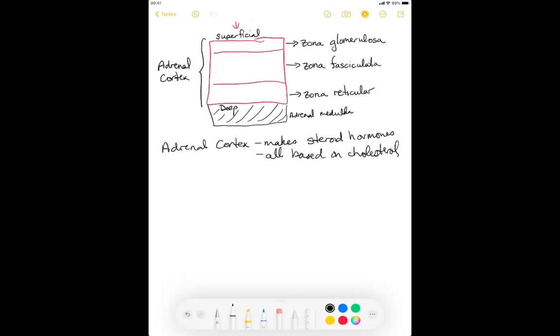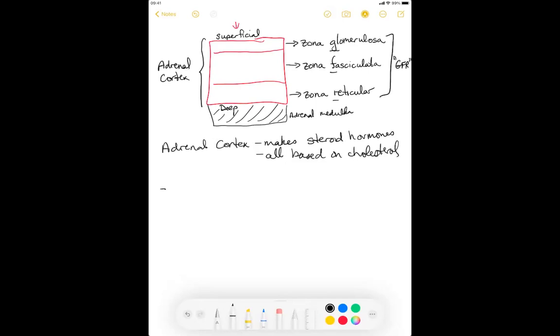One thing before we start: the way that you can remember the layers from superficial to deep is to remember the acronym GFR, like glomerular filtration rate. That's how I remember superficial to deep. In fact, that's the only way I remember the layers of the adrenal cortex. It spells the acronym GFR.